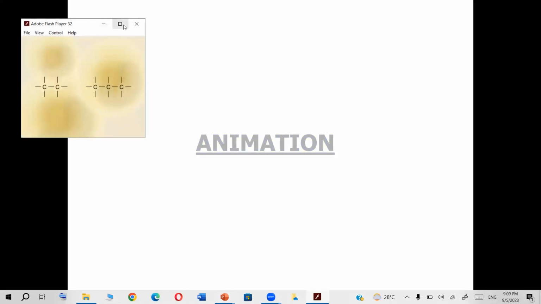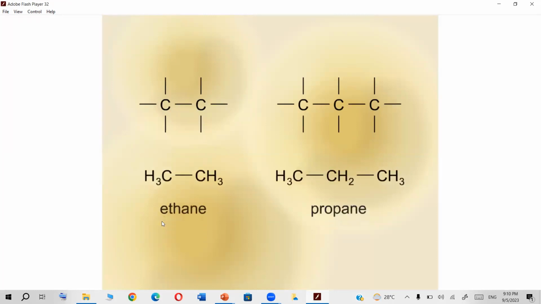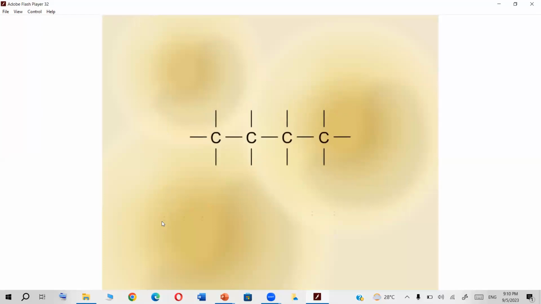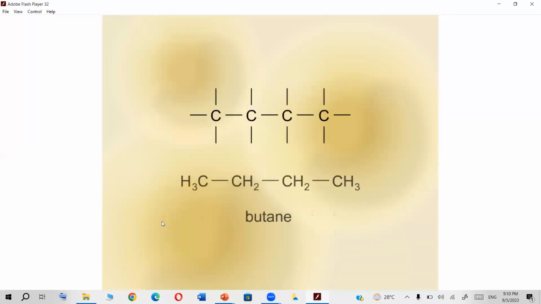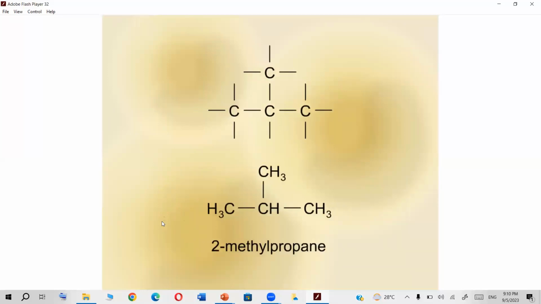There is only one way in which 2 or 3 carbon atoms can be linked by single bonds to form an open chain. Therefore, there is only one structural isomer for an alkane containing 2 or 3 carbon atoms. This is not the case with 4 carbon atoms, though. They can form a straight chain, as in butane, or a branched chain, as in 2-methylpropane.